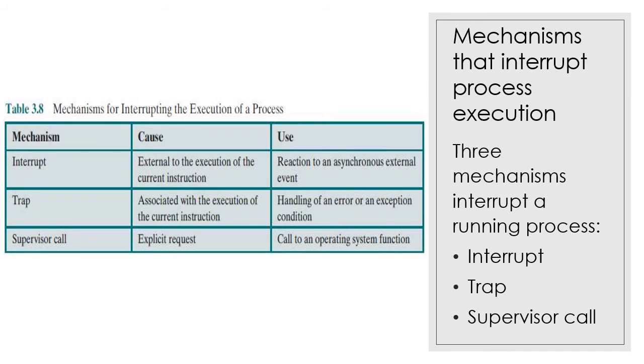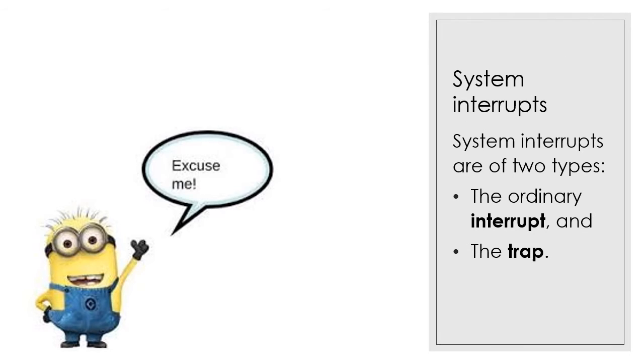The table shown here lists three mechanisms that interrupt a process. One is the interrupt, the other is called a trap, and the third is a supervisor call. We discuss them individually in the following slides. Before we go any further, let me remark that system interrupts are of two types: the ordinary interrupt and the trap.